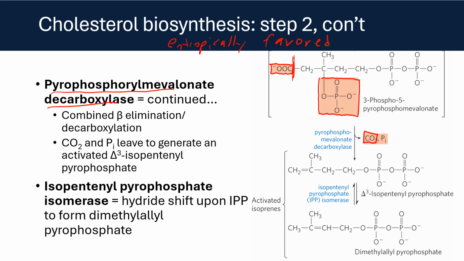Now, the electrons in the bonds that we just cut, highlighted over here, they need to go somewhere. So we are going to relocate them to this carbon-carbon bond and turn it into an alkene.